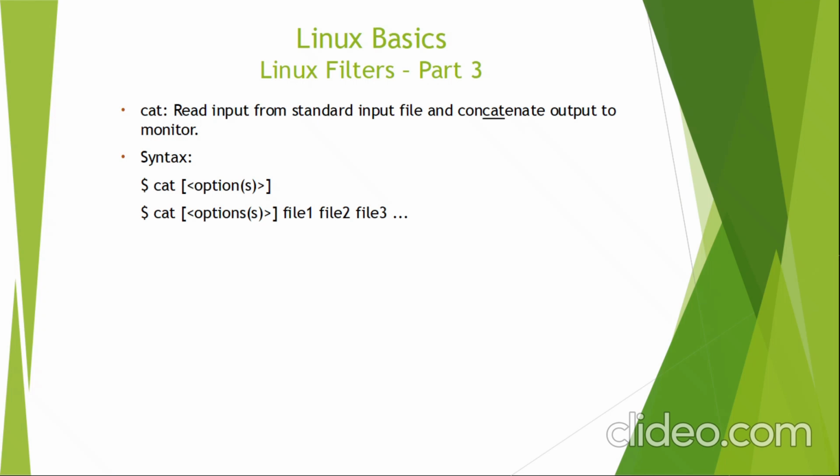So the outputs would be concatenated after each other. After file 1's output, file 2 would be concatenated after that. That could be the reason the name cat is derived from concatenate. Then if you want to do output redirection, you can do that also.